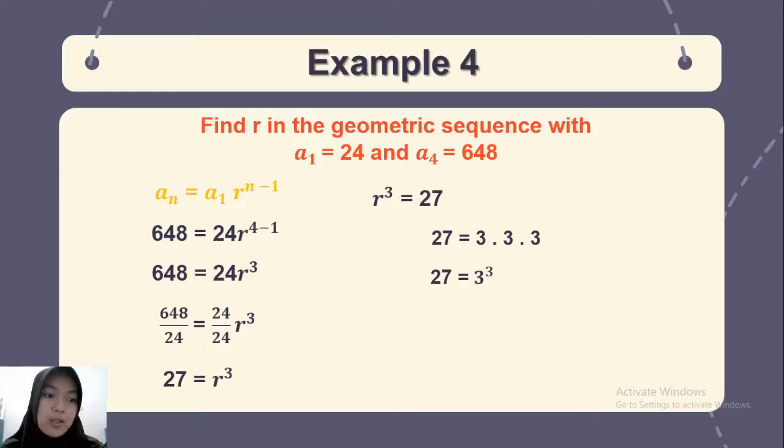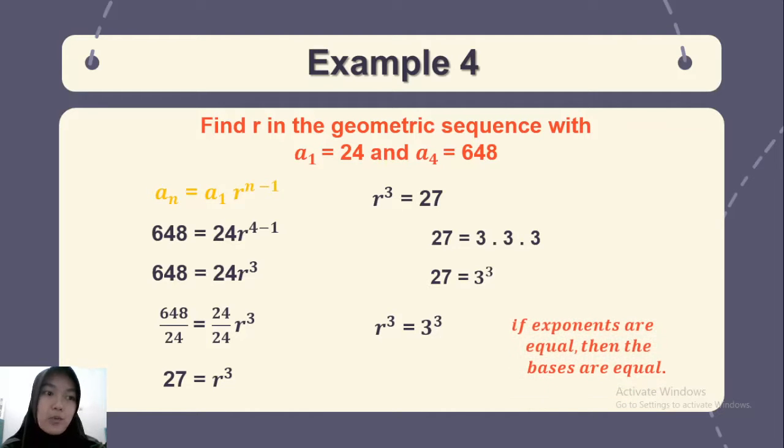Thus, r cubed is equal to 3 cubed. Remember the property of equality of exponential equations that if the exponents are equal, then the bases are also equal. So, r is equal to 3. Good job, kids.